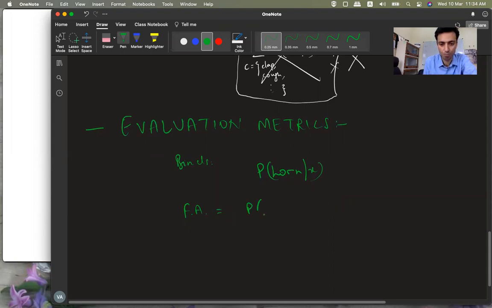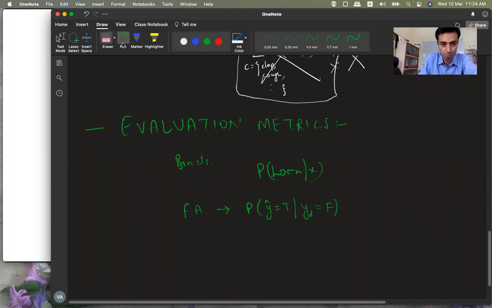The probability that my Y hat says that horn was there, while actually my ground truth, let me call it YD, or just target T, when YD was false. This is called a false accept, right? Actually there was no horn, but my system said, oh, there is a horn there. It falsely accepted the horn.